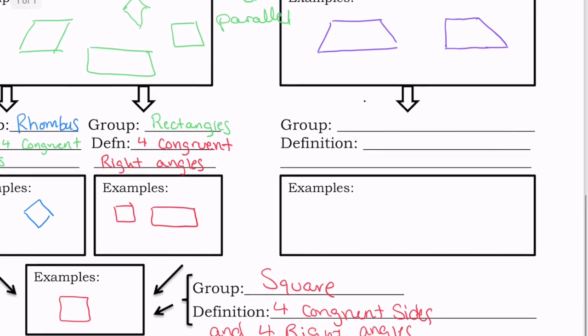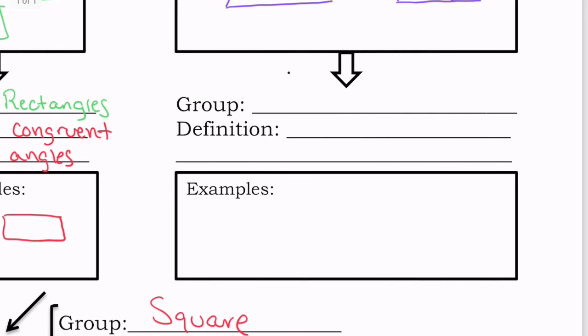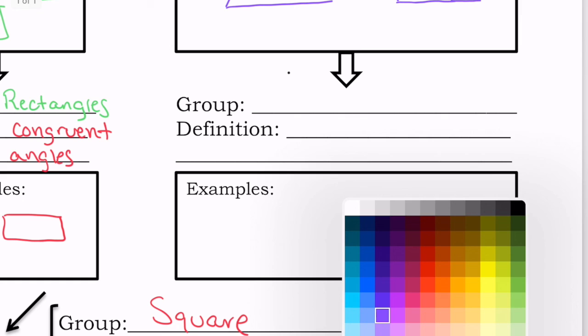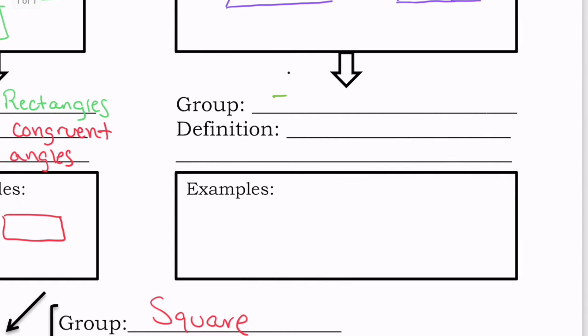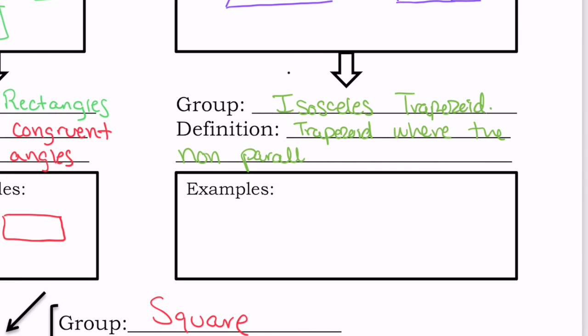And finally, we have one more. We have the isosceles trapezoid. And the definition of that is a trapezoid where the non-parallel sides are congruent.